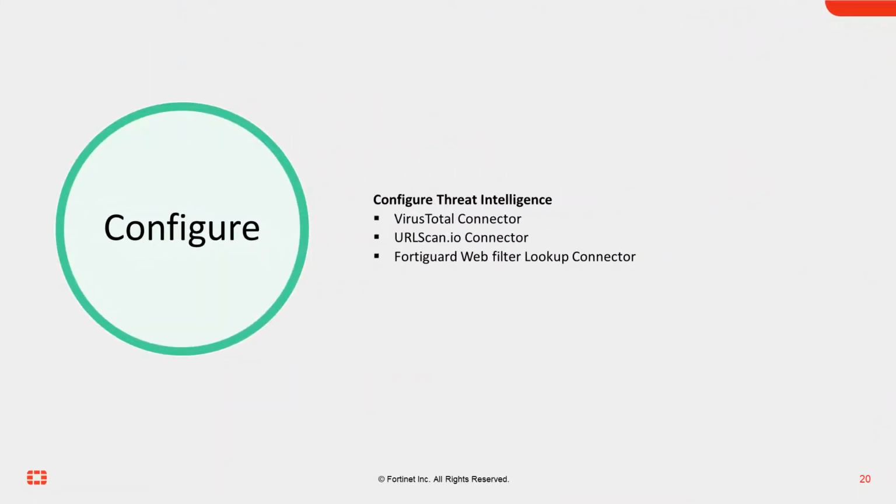As part of any alert processing, there will be various indicators you will come across. To enrich the context and establish reputation of those indicators, let us configure threat intelligence connectors such as VirusTotal, Fortinet Web Filter Lookup, and URLScan.io.